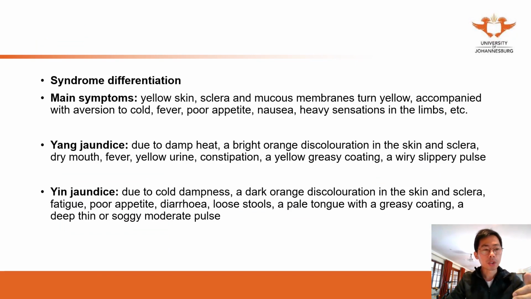For syndrome differentiation, jaundice can be divided into yang jaundice and yin jaundice. Yang and yin jaundice are distinguished according to the color: bright orange discoloration or dark orange. For yang jaundice, we emphasize the brightness; for yin jaundice, we emphasize the darkness.